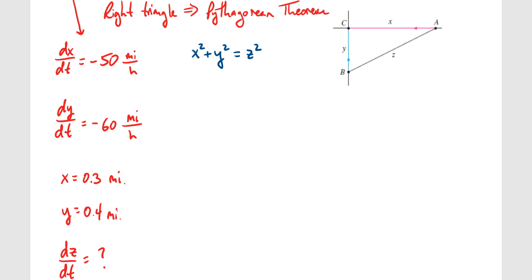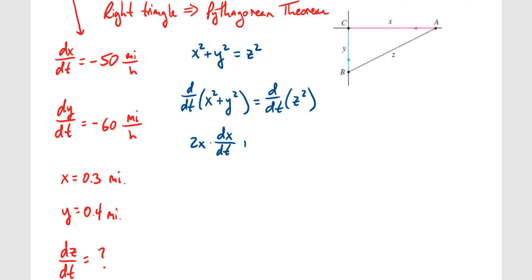Okay, for the most part we have everything. Let's take a derivative now. Take the derivative d/dt of both sides: d/dt of x squared plus y squared, and d/dt of z squared. These are all going to look pretty much the same. They're going to be 2x times dx/dt using chain rule and power rule, plus 2y times dy/dt, chain rule and power rule, equals 2z dz/dt, chain rule, power rule.